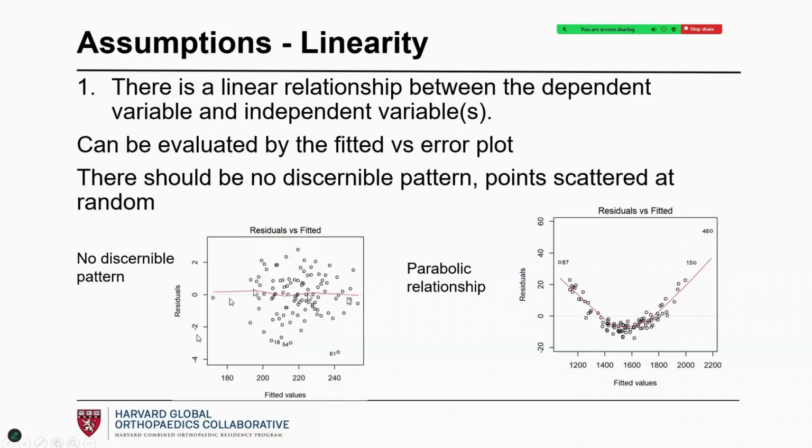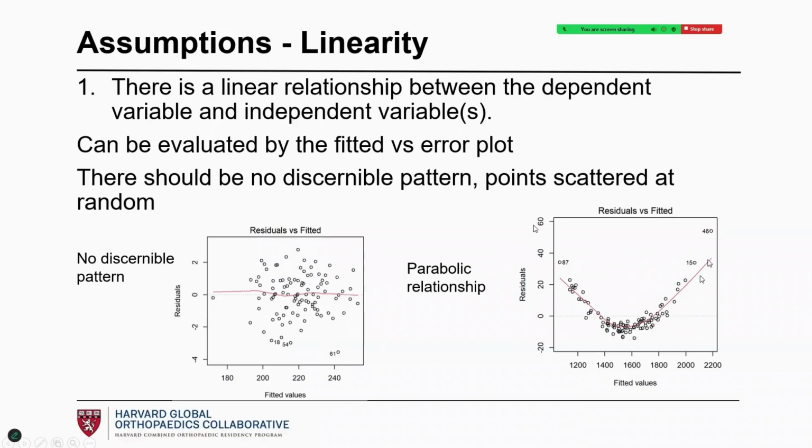That tells us that there is really no relationship between the fitted values and the residuals. We have points scattered around that line, and we do not see any pattern that is obvious for this data. And that's why we can safely conclude that the linearity assumption does not seem to be violated here.